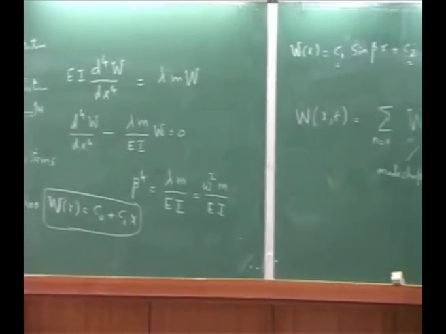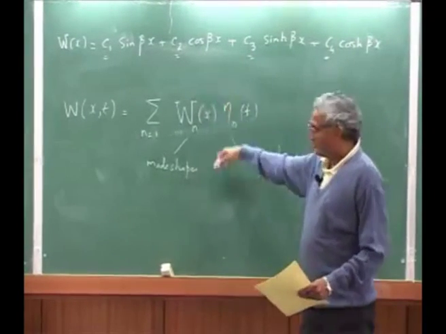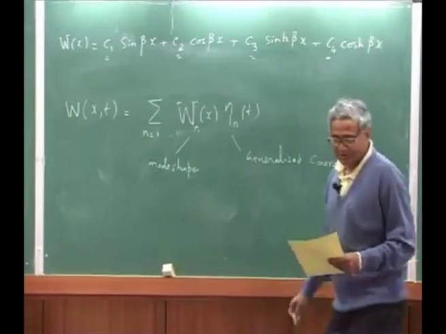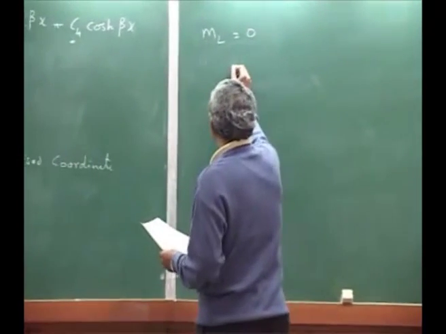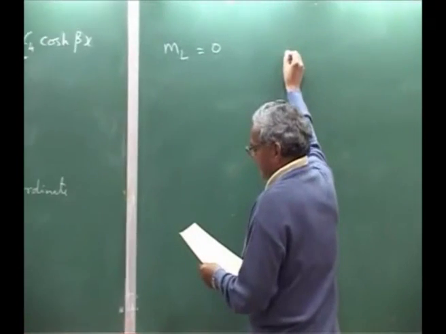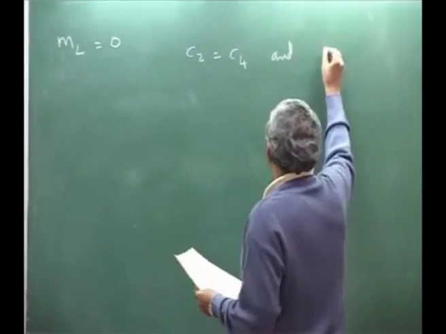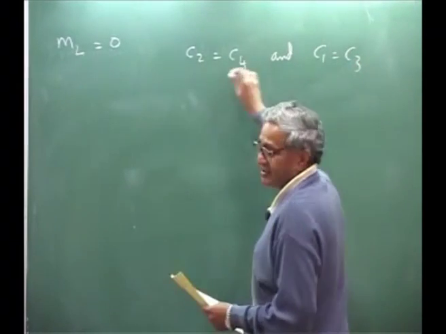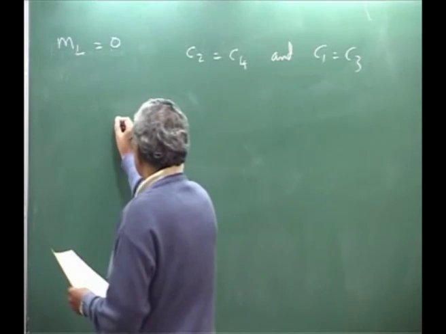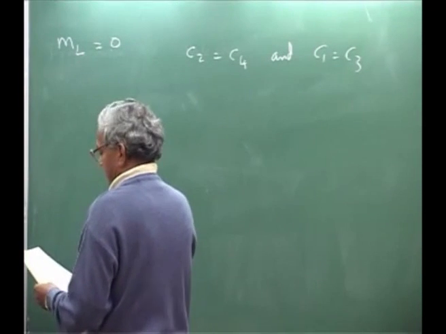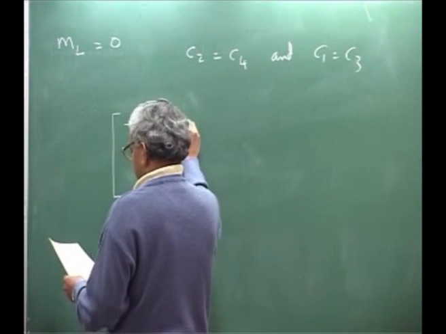For the elastic or flexible modes, that determinant you can simplify. When ML equals 0 you will get C2 equals C4, and C1 equals C3. This is the boundary condition. When you substitute the boundary condition, finally you will land up with this type of equation. I am not writing all the steps.